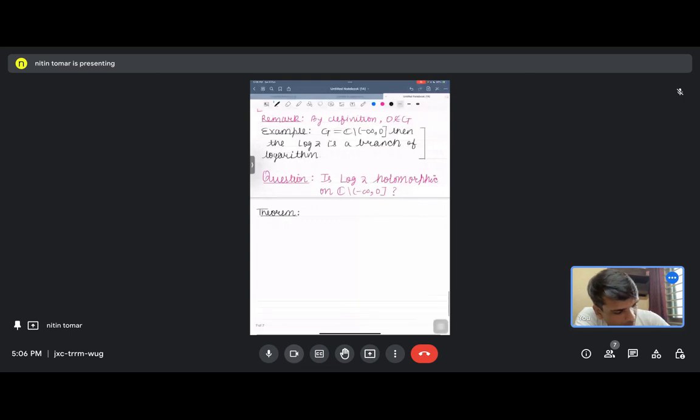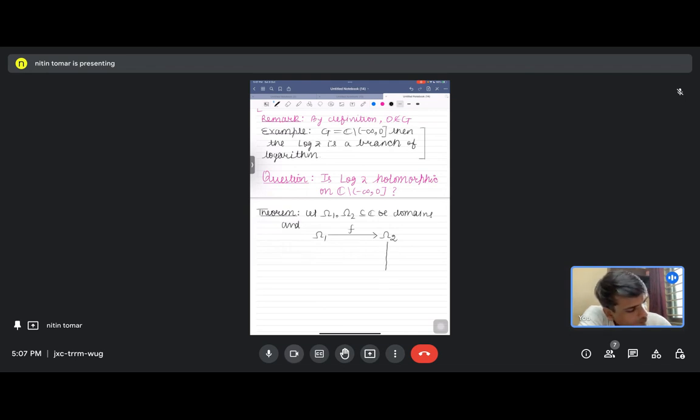Let omega 1 and omega 2 be two domains. On omega 1 we have a function f, so from omega 1 to omega 2 we have a function f.